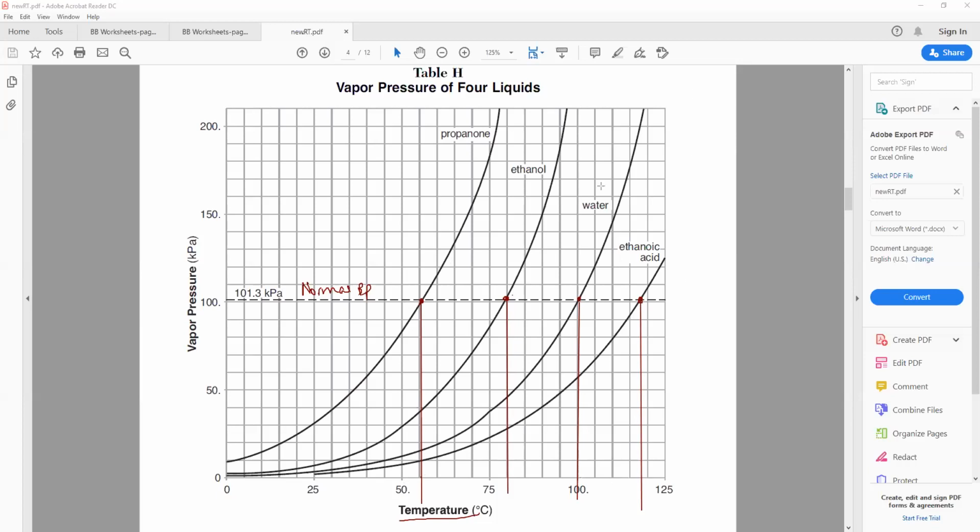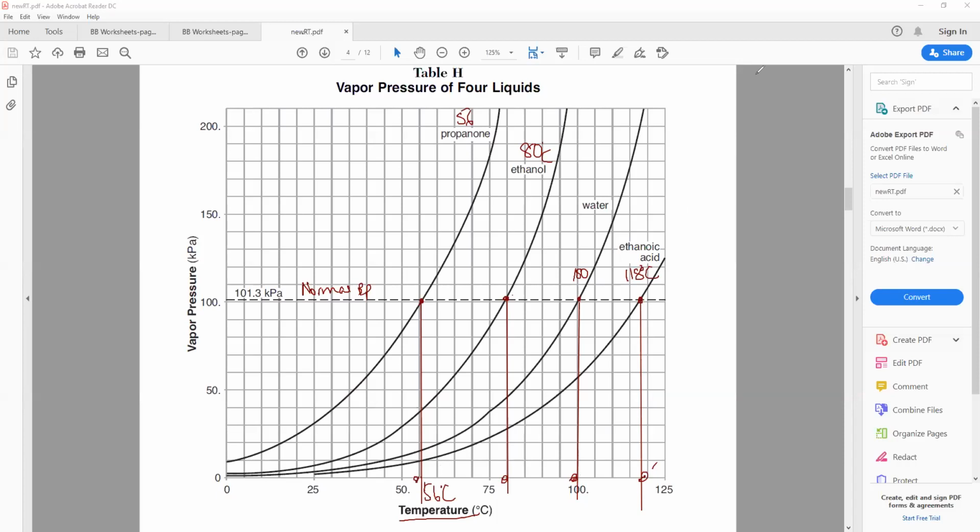So let's write over here. We're going to say approximately 56 degrees Celsius for propanone. For ethanol, approximately 80 degrees Celsius, then 100 degrees Celsius, and 118 degrees Celsius. Those are the points for each one.